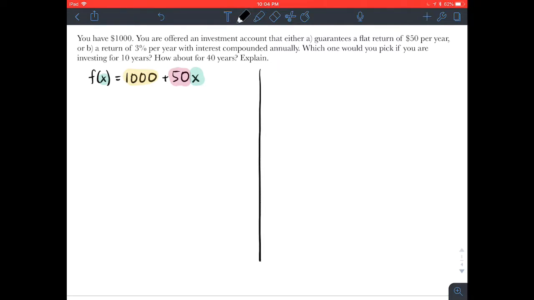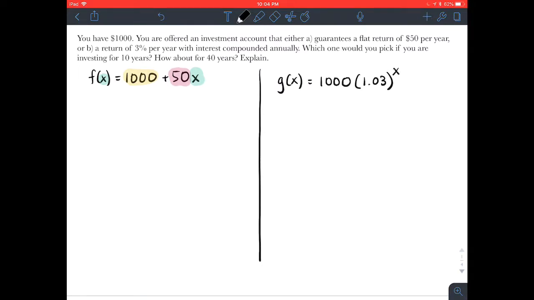On the other side, we have a different function. This is going to be an exponential function rather than a linear function. Here we have $1,000, which is our initial amount, times 1.03 to the power of x.